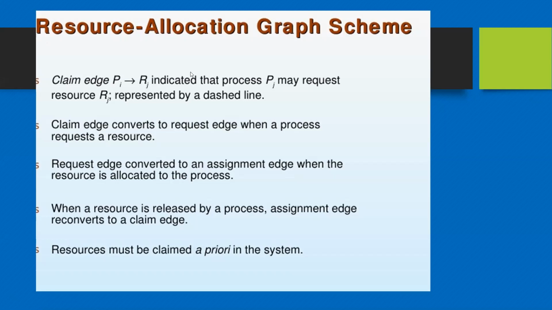Request edge converts to an assignment edge when the resource is allocated to the process. When a resource is released by a process, the assignment edge reconverts to a claim edge. So as soon as a resource is released, the assignment edge is converted to a claim edge.